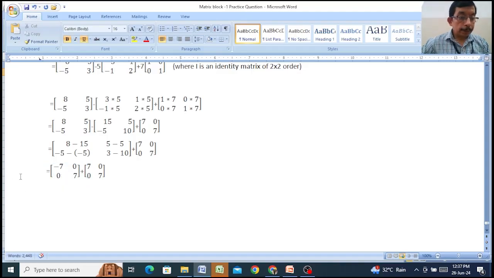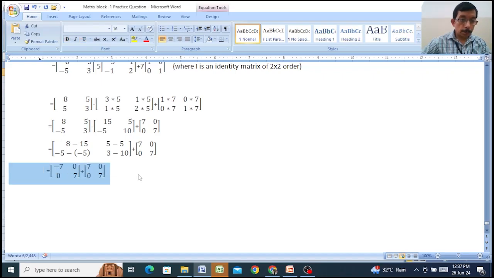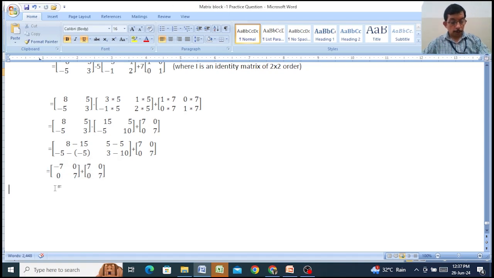Now simplify in the last step. This is the last step. Add both the matrices by the addition method.